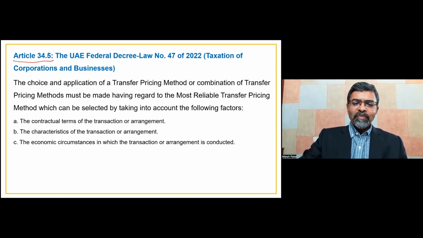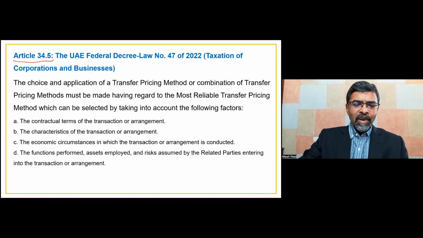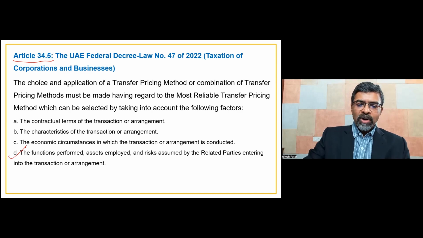The economic circumstances in which the transaction or arrangement is conducted, the functions performed, the assets employed, and risks assumed by the related parties entering into the transaction or arrangement. This is important. This is called FAR, Function, Asset and Risk Analysis.